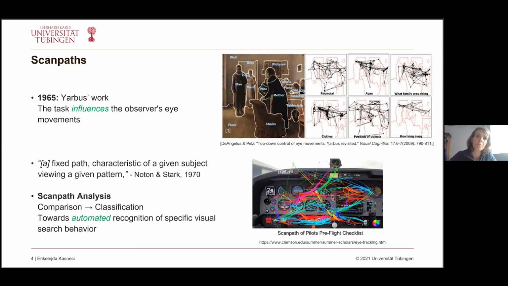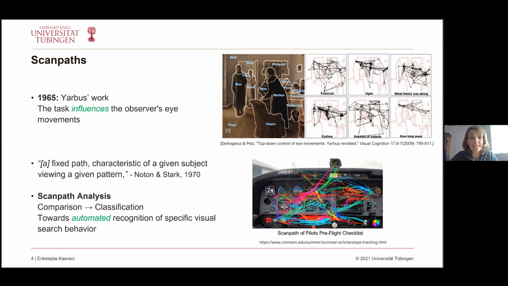Some of the participants were asked to estimate the financial status of the family shown in the image. And we see here different scan paths for estimating the wealth of the people, and while people look at ages, they look more at the faces of the people.